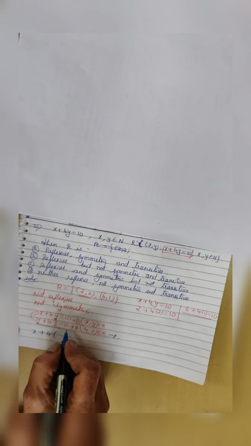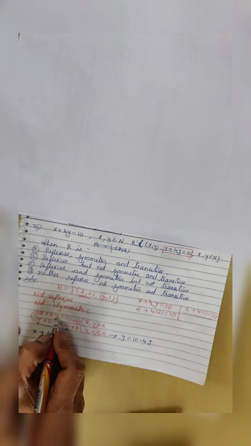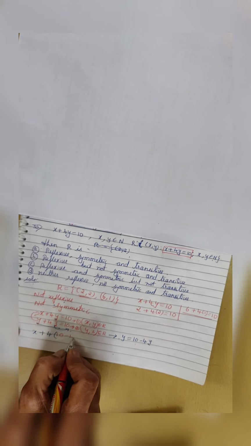Substituting 2 in equation 1. So if we substitute that, what will happen? This will be equal to y is equal to 10 minus 4z. We are shifting it here. So in the place of y, let us substitute this, x plus 4 times (10 minus 4z) is equal to 10. And now what happens?